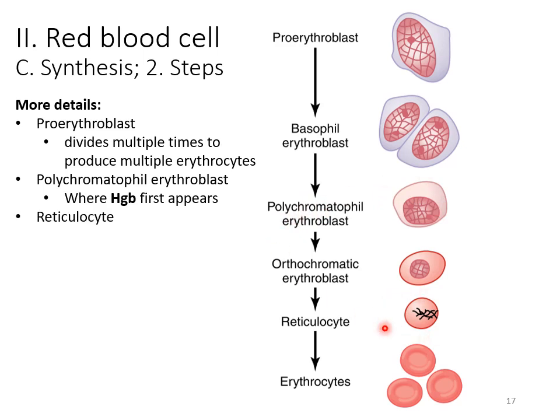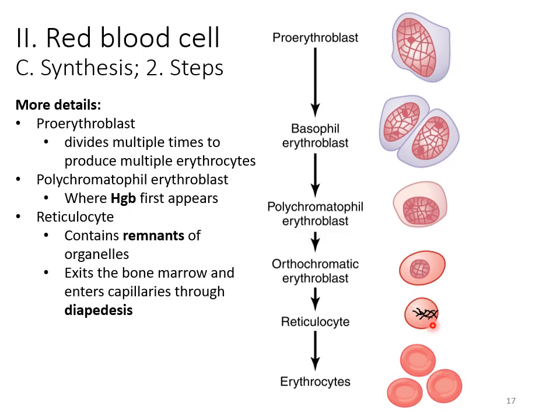And then your reticulocyte. As the image implies, it still contains remnants of organelles, so it's not yet fully mature. However, it already exits the bone marrow at this stage. Your reticulocyte will exit the bone marrow and enter the capillary through a process we call diapedesis.